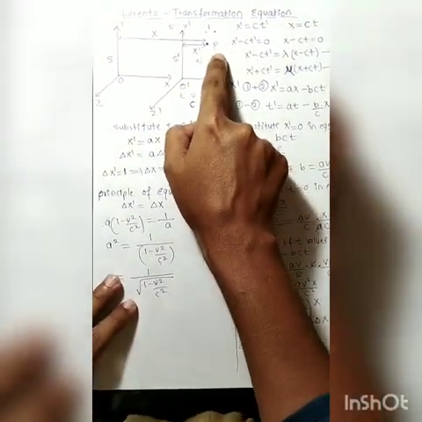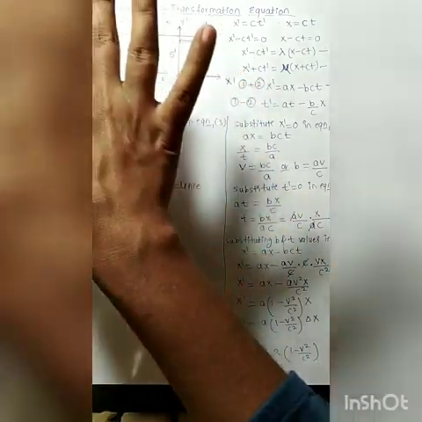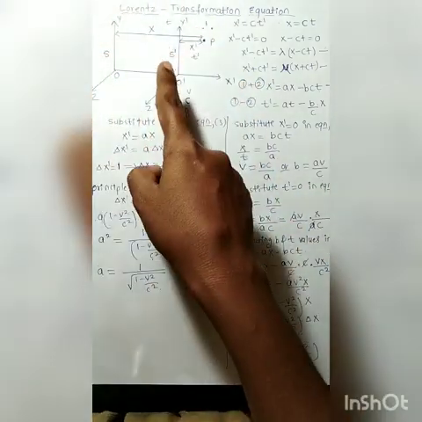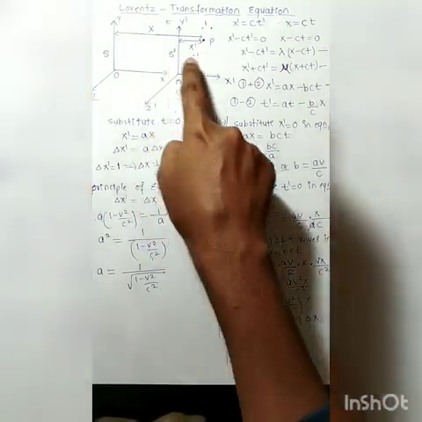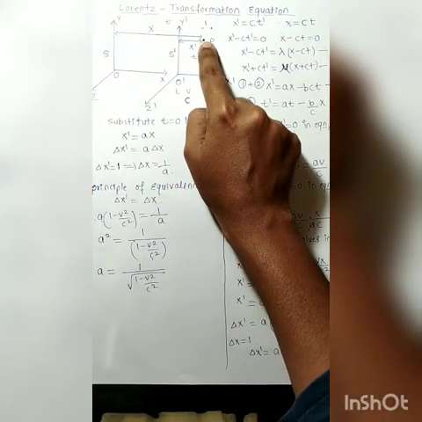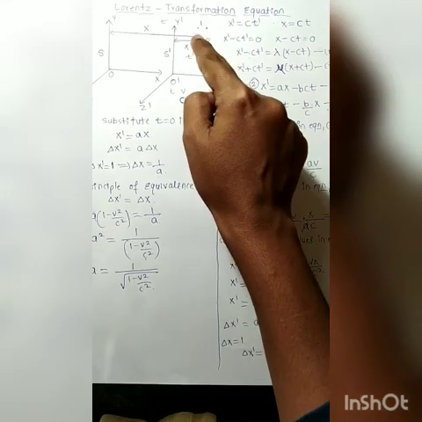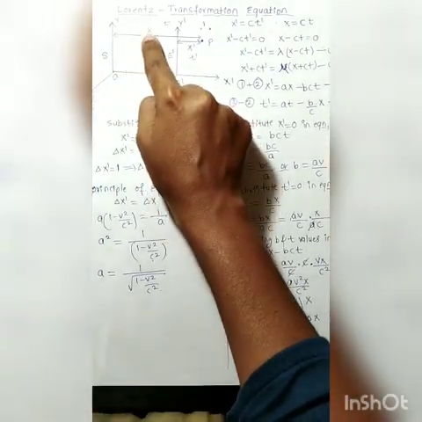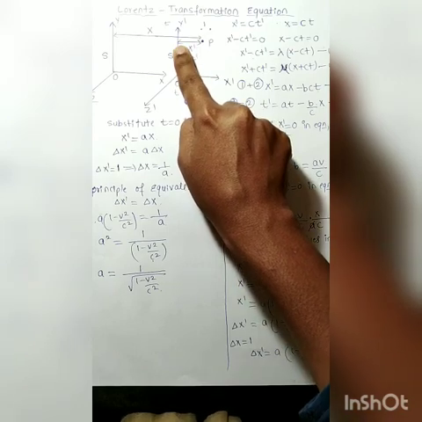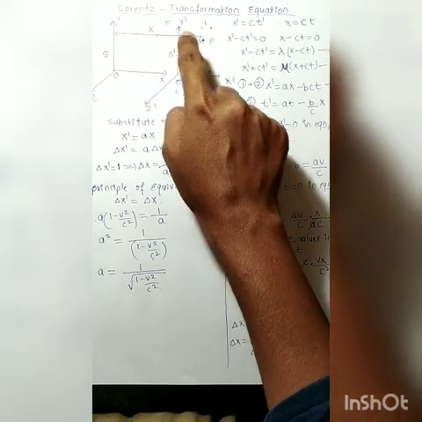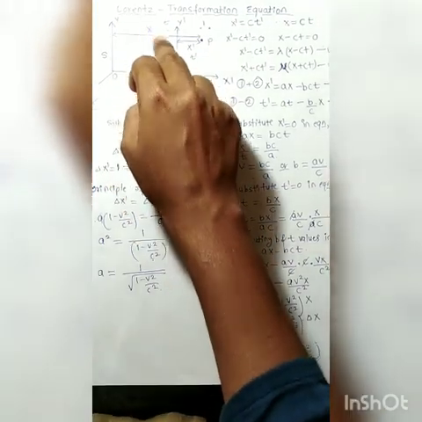The Lorentz transformation equation consists of two frames of reference, S and S dash. S is at a rest position, and S dash is moving with a velocity equal to v. When it is moving, some event is happening at a point P, which is nothing but the light signal. When the light signal comes, it reaches the S frame covering a distance x, and at the same time it reaches the S dash frame with a distance covered equal to x dash, and the time taken will be different for those two frames of reference, that is t and t dash.